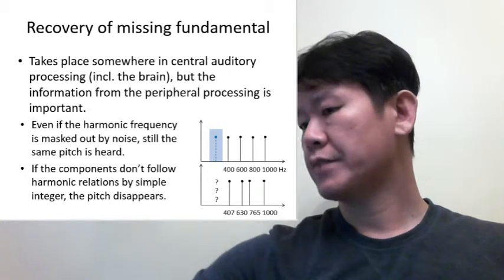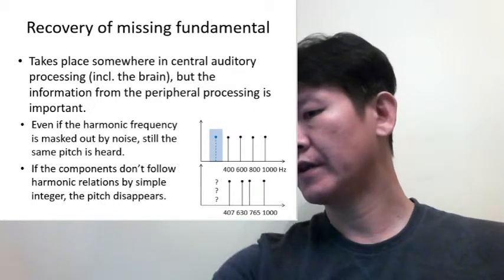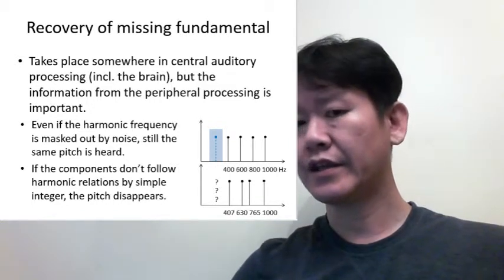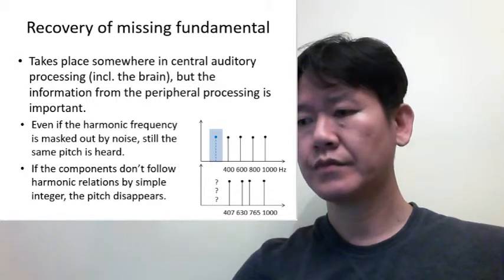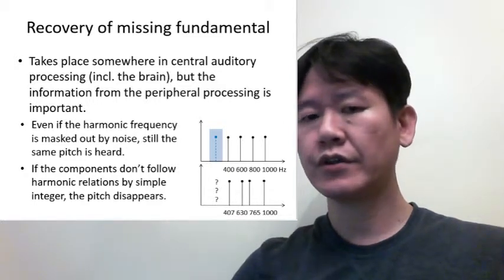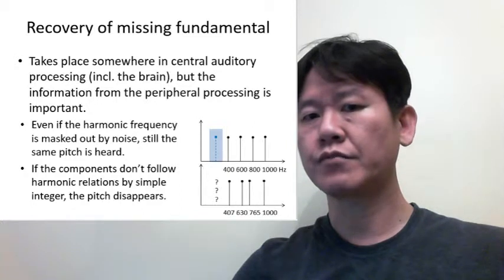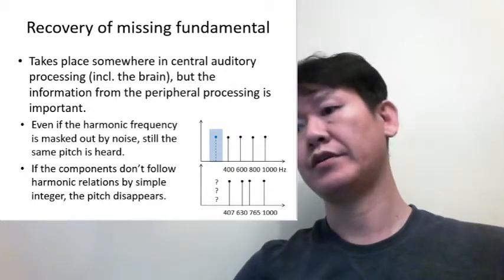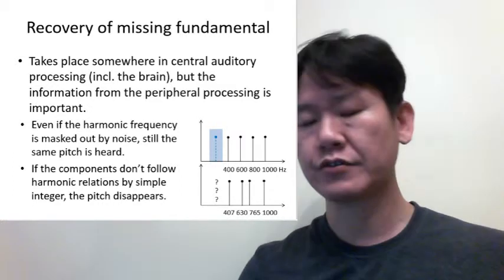So look at the next picture here. If the components are not in the harmonic structure, then basically there's no way for the brain to recover the missing fundamental frequency component, because they are not in harmonic structure.